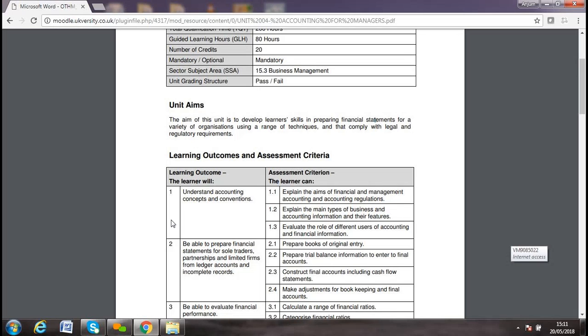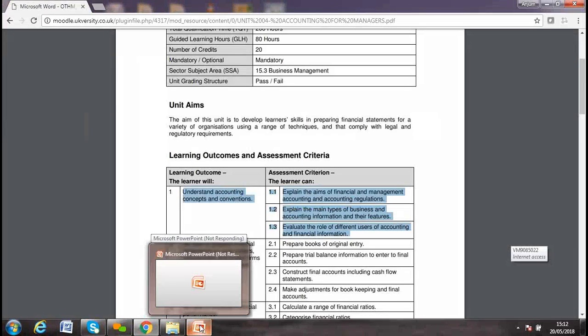It will enable you to explain the aims of financial and management accounting, accounting regulation, the main types of businesses, accounting information and their features, and evaluate the role of different users of accounting and financial information. We'll discuss the different users of financial information, how they can use it, where they can get it, and how it can be interpreted from a decision-making perspective. All lessons will be focused on these points.